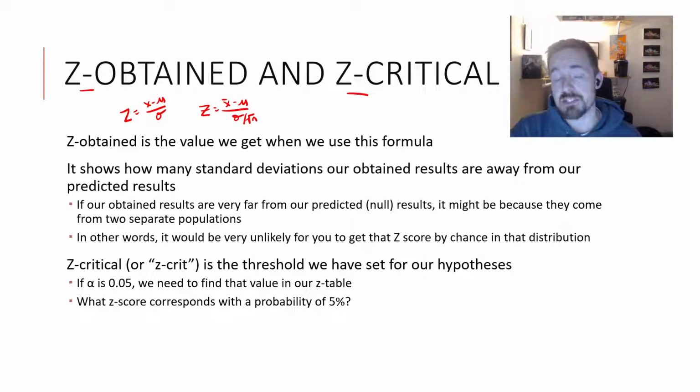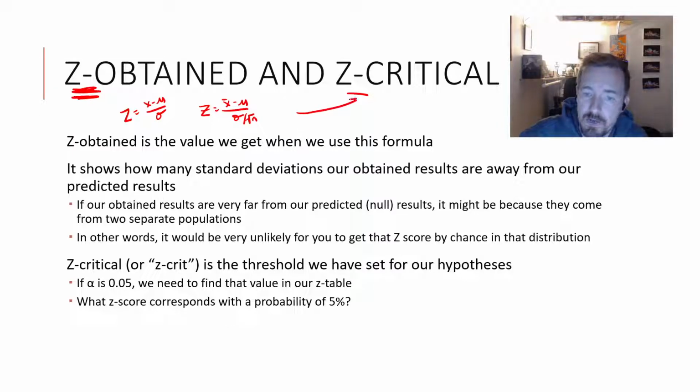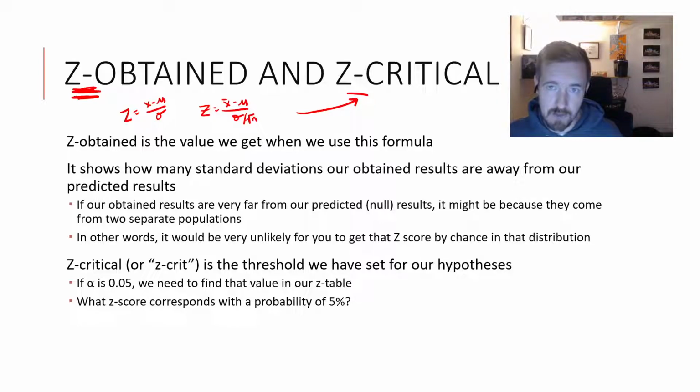You would be able to use stats to determine whether or not it is a significant increase compared to previous cohorts and previous clients, because you're going to collect their data, figure out where their data are in comparison to the population by getting the z-score, and then you're going to compare that to the z-critical, which is where essentially you have drawn a line in the sand and you have decided if this z obtained exceeds the z-critical, then this is a very rare thing to happen by chance.